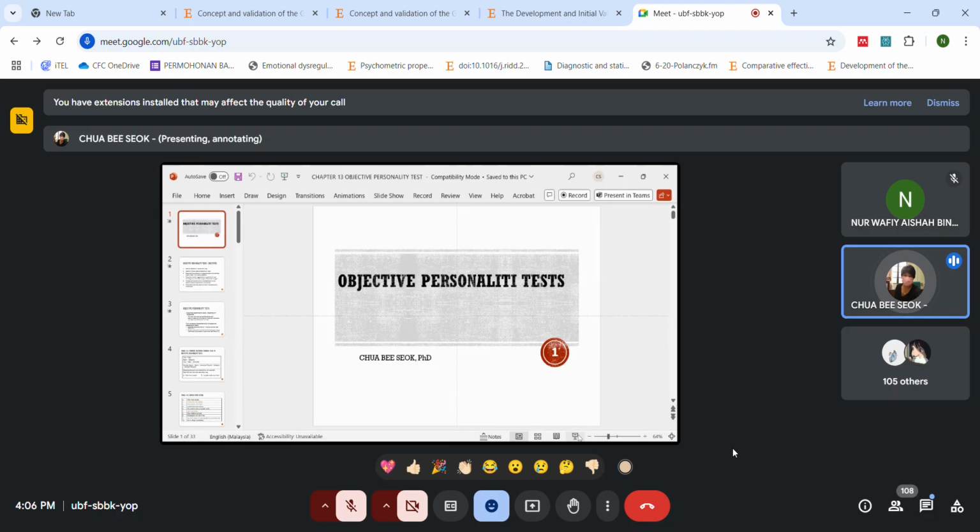But for this week, we are focused on the personality test. Last week, when we discussed test development, it was more about the overall picture, how to develop a psychology test in general. Today is focused on the personality test.